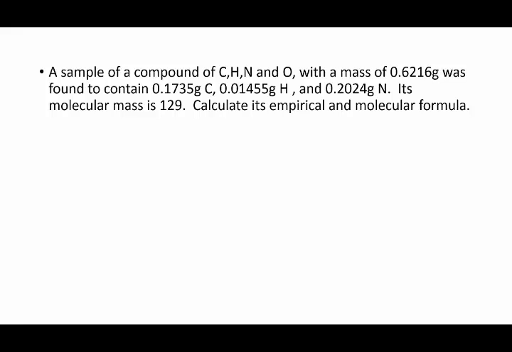Well, the first thing I need to do for this is, again, as in the previous problem, they did not give us the mass amount of the oxygen, but they gave us the total mass. They said the total mass was 0.6216 grams, and they told us that it contained 0.1735 grams of carbon, 0.01455 grams of hydrogen, and 0.2024 grams of nitrogen.